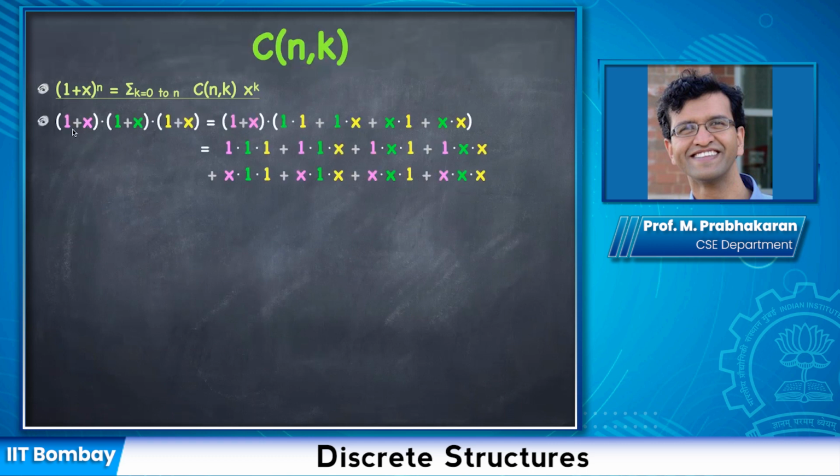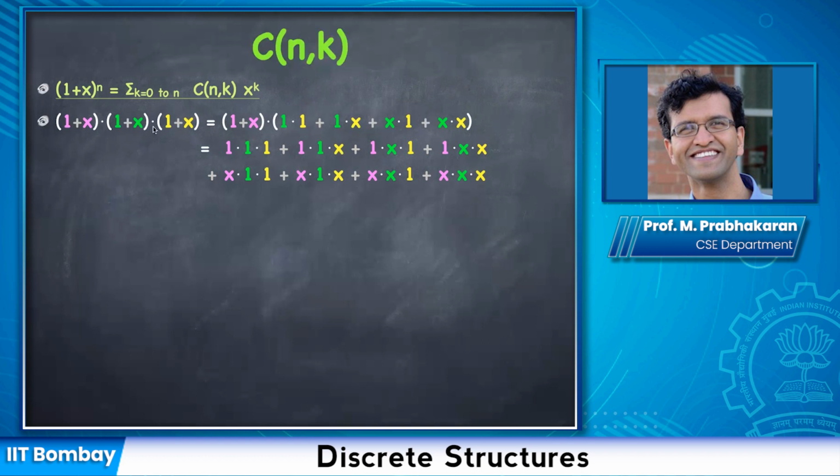Let's see an example here. I take n equal to 3. I compute (1 plus x) the whole cube, and I've just written it out using the distributive property. First I multiplied the green (1 plus x) with the yellow (1 plus x). I color coded them so that you can see, when I'm opening the brackets, where the different terms are coming from.